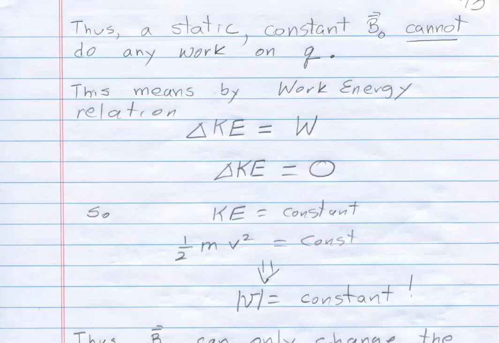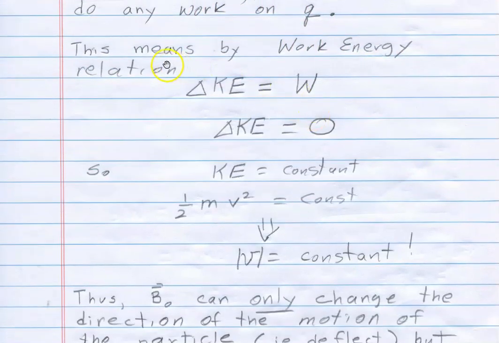Now that has implications in other ways, and I can draw something from your first semester work, namely the work-energy relation, sometimes called the work-energy theorem. That says that the change in kinetic energy of a particle is equal to the work that was done on it by the external forces. In this case, the external force is just the magnetic force, and we found that that was zero.